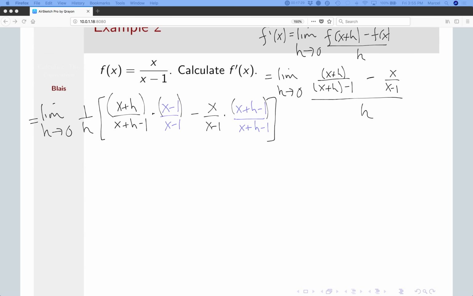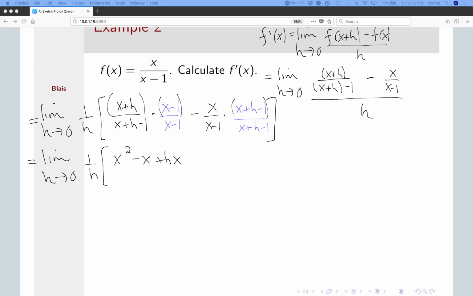So we have the limit as h goes to 0 of 1 over h. For this first term, for the first, we get x squared. For the outer, minus x. For the inner, plus hx.